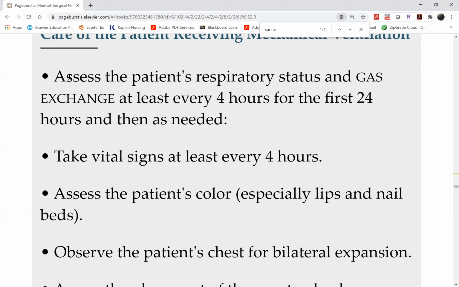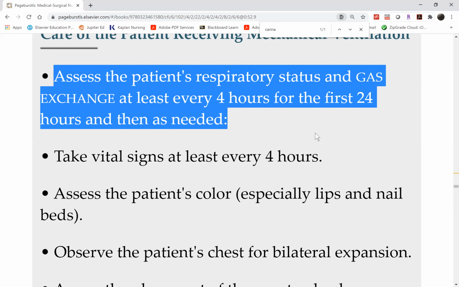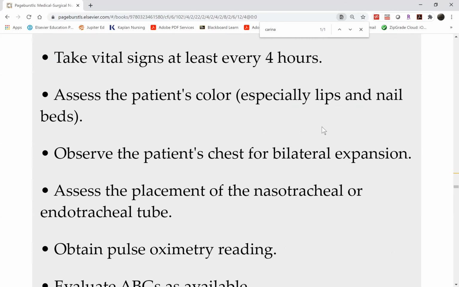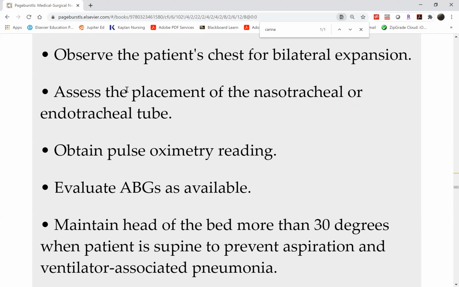Assessment. Just like any other respiratory patient, you assess them. Lung sounds, vital signs, oxygen saturation. You look for physical signs also of hypoxia. So you look at the patient's color, the chest expansion, and of course the placement and markings on your ET tube or your tracheostomy tube or your nasotracheal tube.